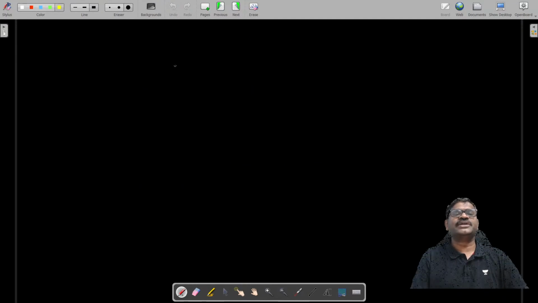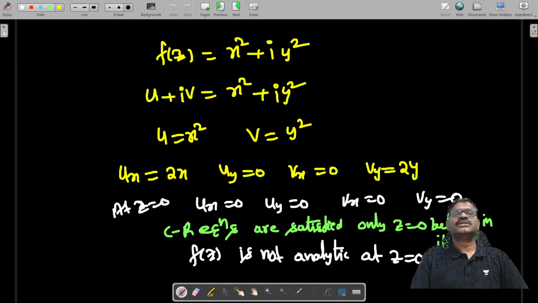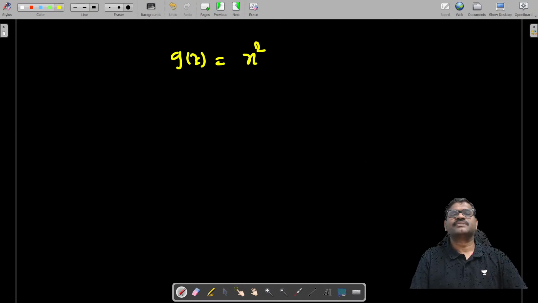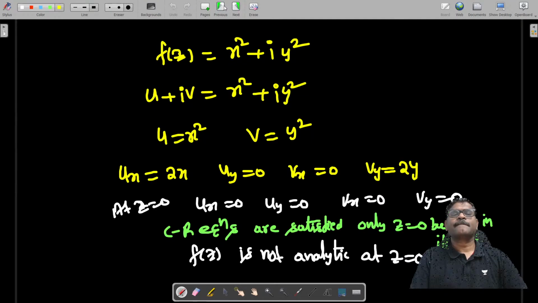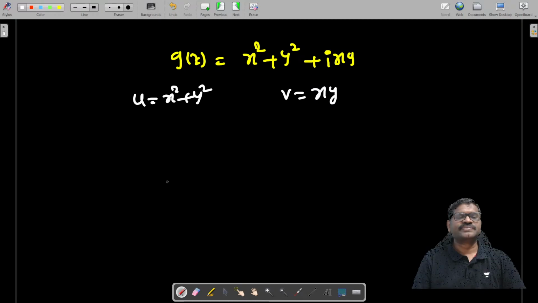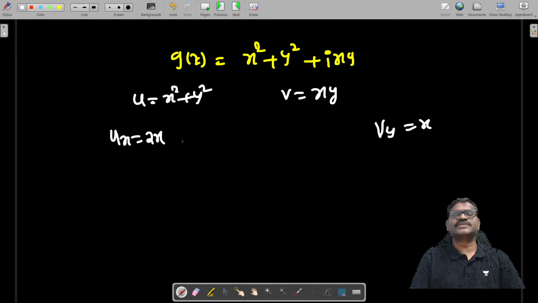What about g of z? g of z is x square plus y square plus i x y. Now u is x square plus y square, v is x y. ux is 2x, vy is x, uy is 2y, vx is y.